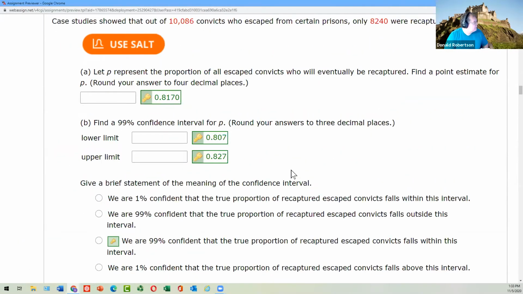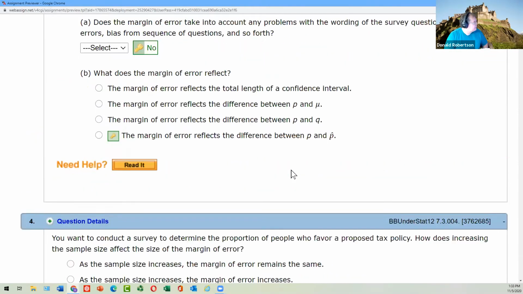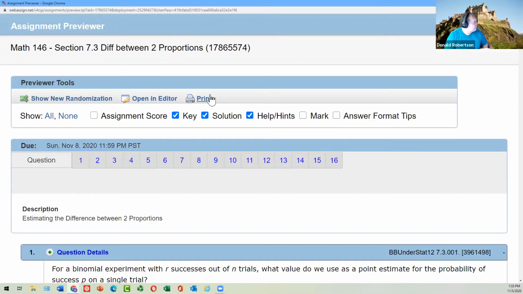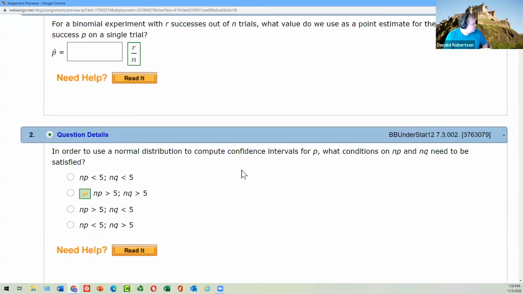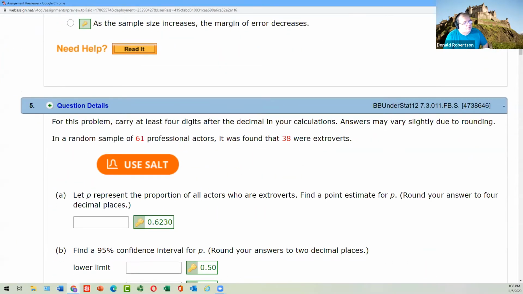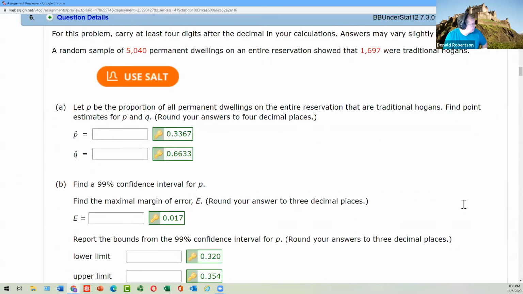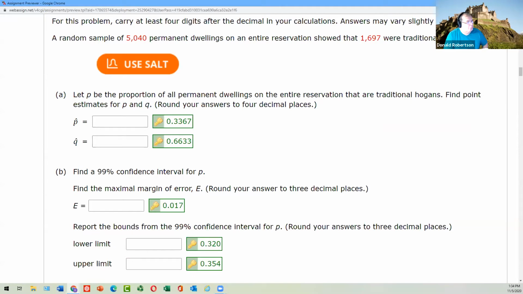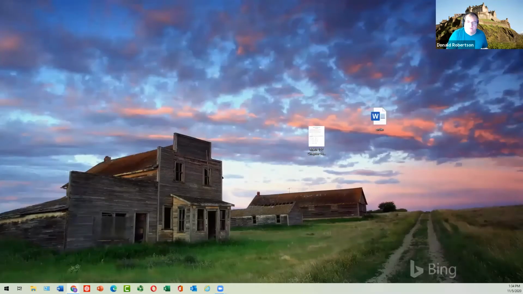There's something not right here. This should be 7, 3, and it should be difference in 2 proportions. But it's not. This is a difference in 1 proportion. What on earth happened? Well, let me go and do something here. I'm going to go in. I think I know what happened.